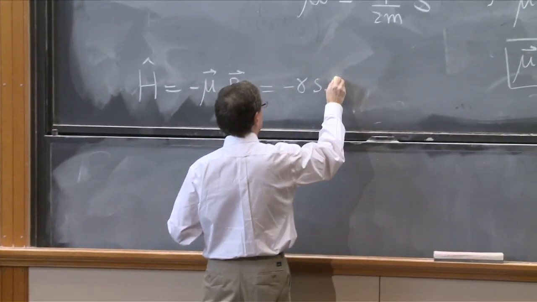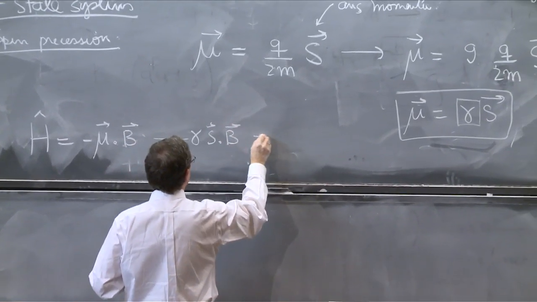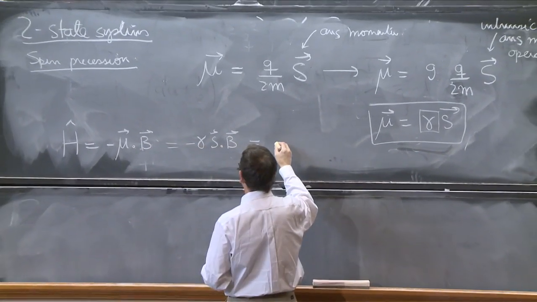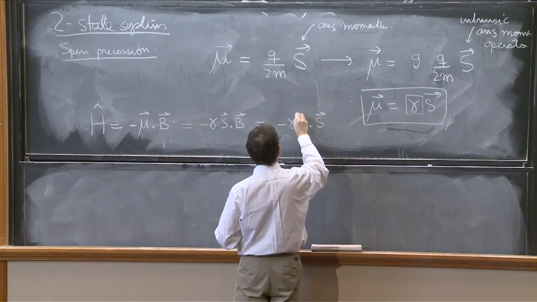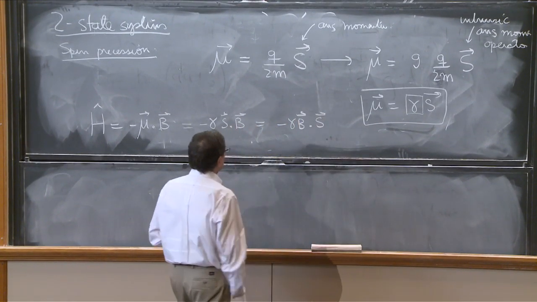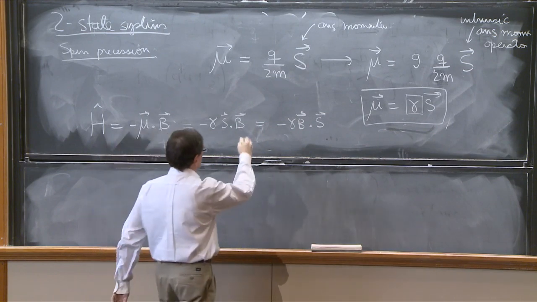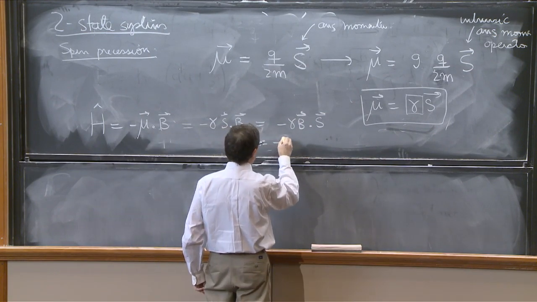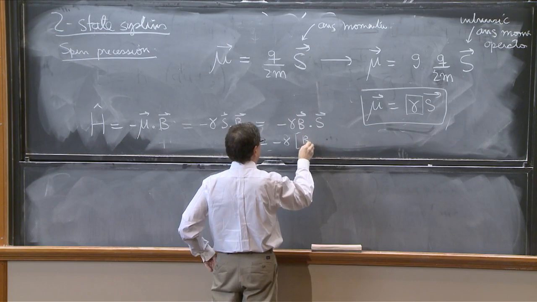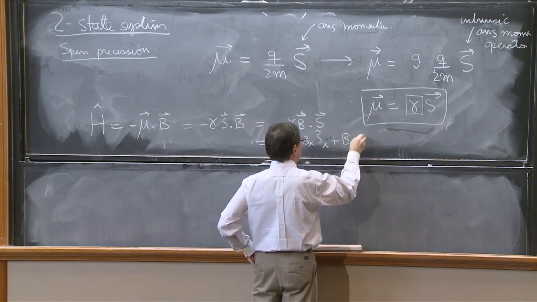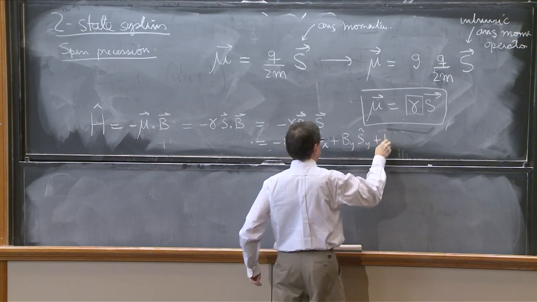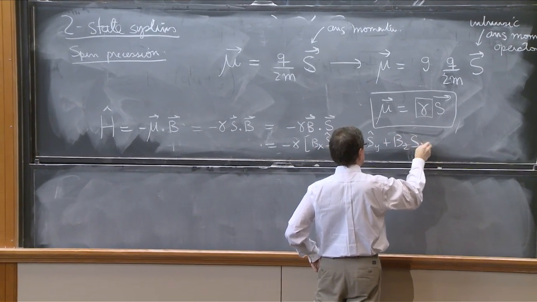But this is not the case now, so this is minus gamma S dot B. And we typically like to write it as minus gamma B dot S. And that means very explicitly minus gamma Bx Sx operator plus By Sy operator plus Bz Sz operator.